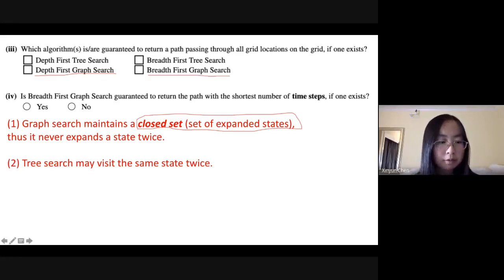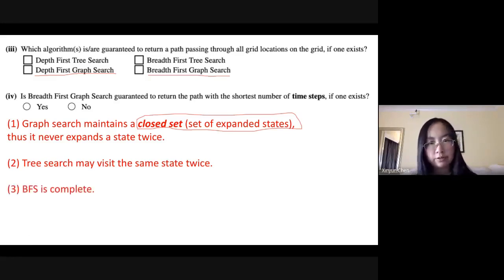The third related comment is that breadth first search is complete, because it will always search the paths in increasing order of the number of edges between the start state and the current state.